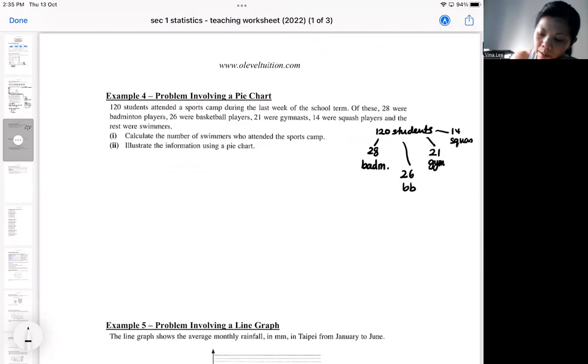The rest are all swimmers. I can find the number of swimmers by subtracting all the other sports. Getting the swimmers is quite easy, you just use 120 to subtract everything.